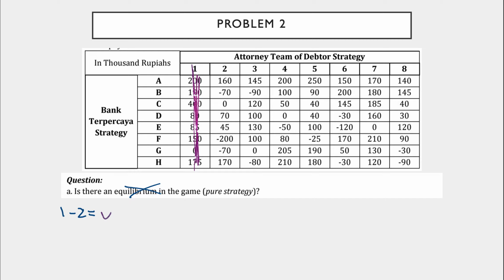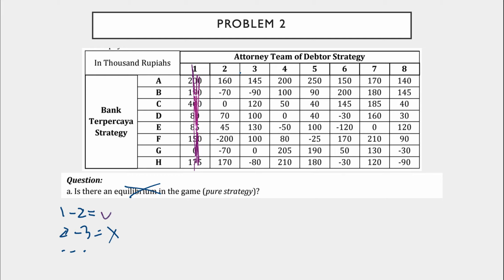Then you continue to compare, for example, strategy 2 compared to strategy 3. 160 is bigger than 145. Minus 70 is bigger than minus 90, but 0 is not bigger than 120, so we cannot eliminate this one.